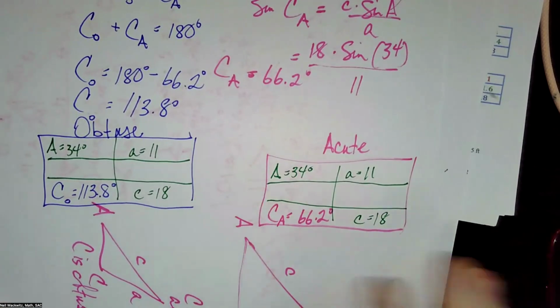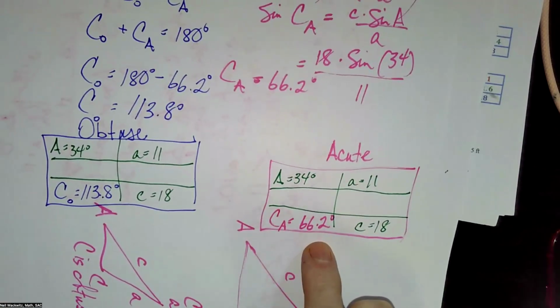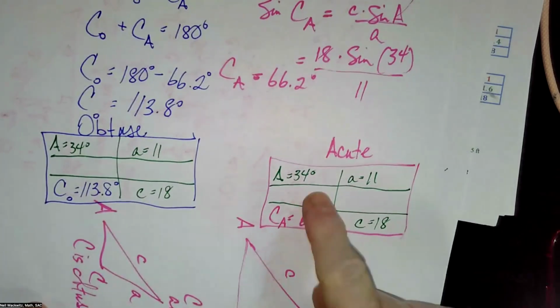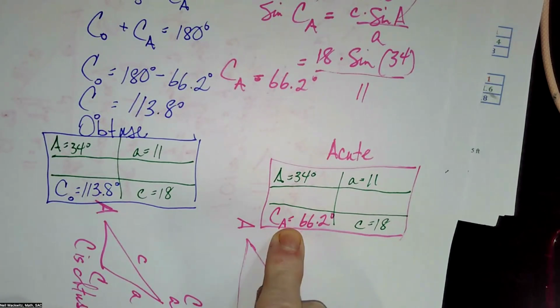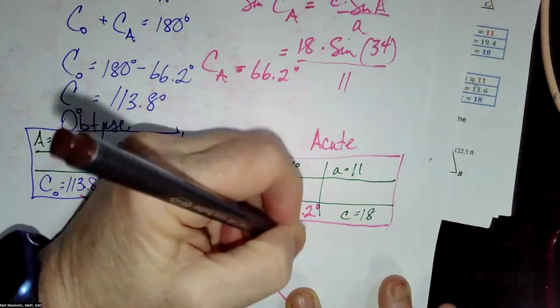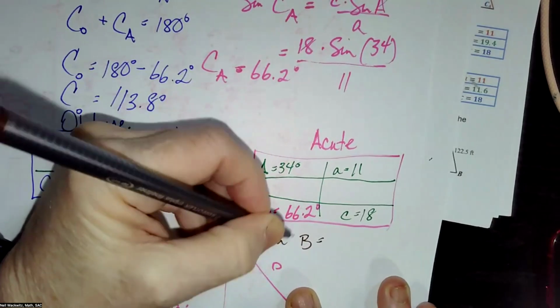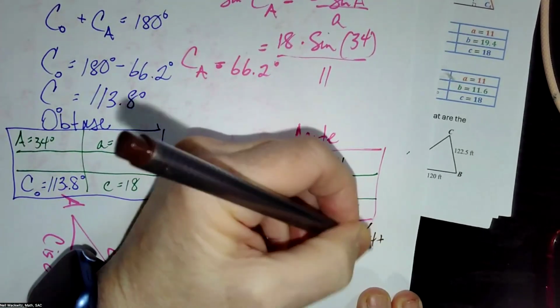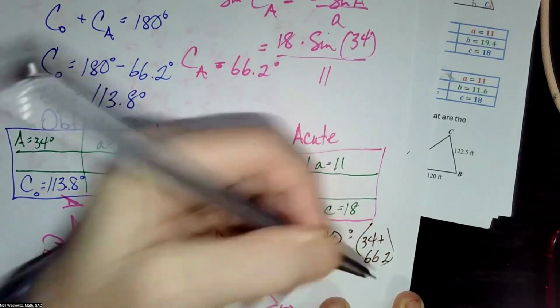We know two angles. What can we do with that? Can we use this information to find the third angle? Yes. Yeah, sure. We know that B is going to be 180 minus 34 plus 66.2.